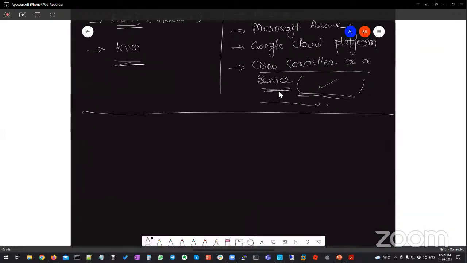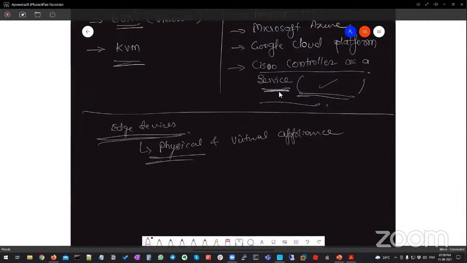Now, if we talk about our edge devices, these come in physical and virtual appliances. Your controllers are always virtual. In case of Cisco, there is no physical controller appliance, but here your edge device is going to be physical and virtual.